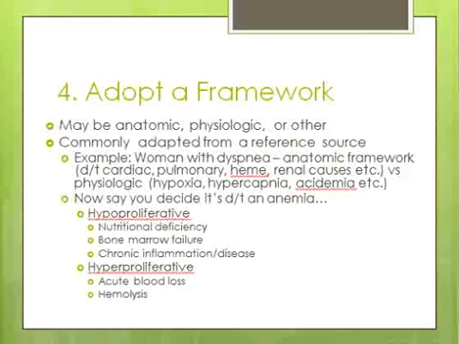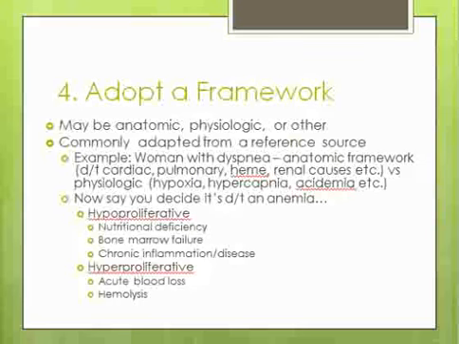We generally use an anatomic framework, a physiologic framework, or sometimes there are other types. I would say generally you're going to use an anatomic or a physiologic framework. So perhaps for this woman with dyspnea, if we use an anatomic framework, we would think, okay, what could be cardiac causes of this? What would be pulmonary causes of this?